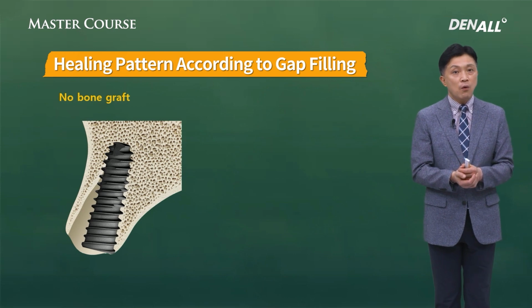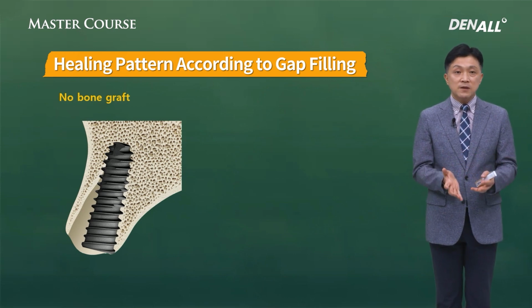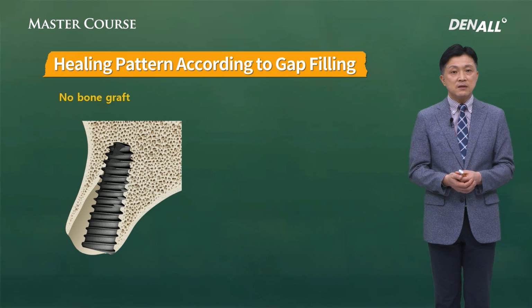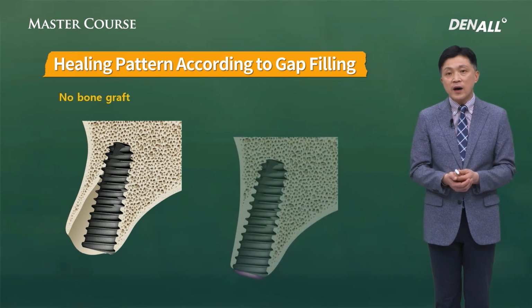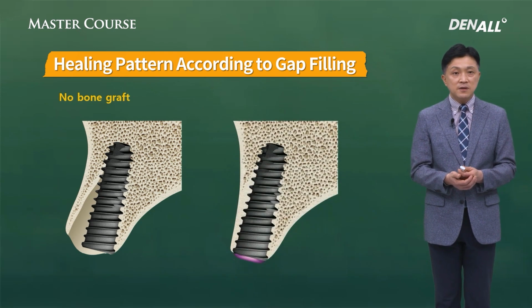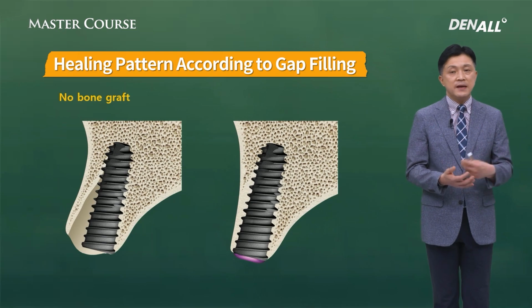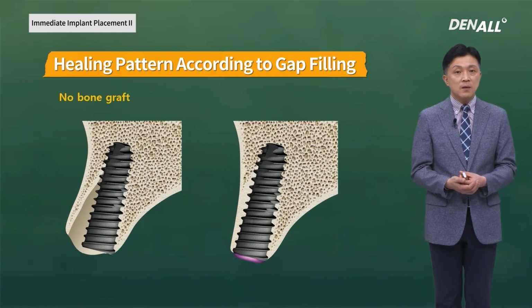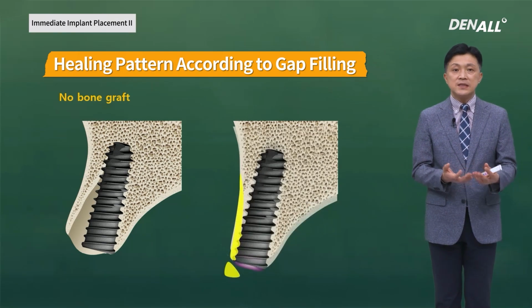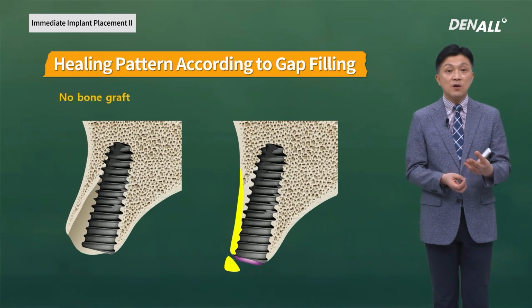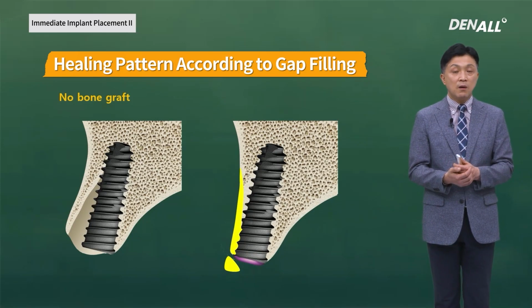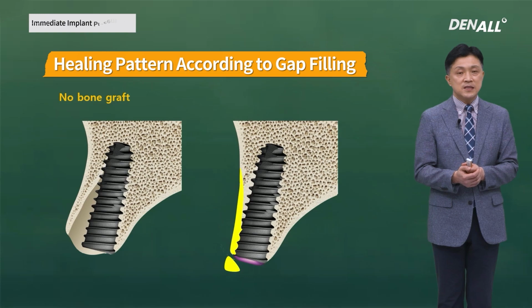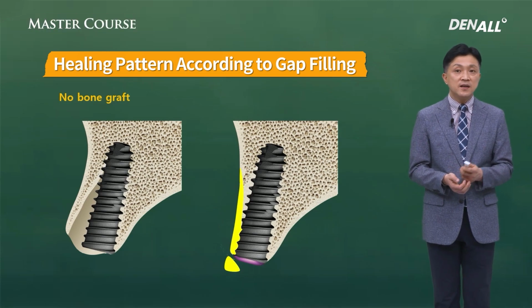Implant has been placed nicely here, but if you do no bone graft, once it goes through remodeling, only very thin labial bone remains, and this is something we can see very frequently. With time, labial plate is completely resorbed and the implant body can be exposed. It can be only covered with gingiva.